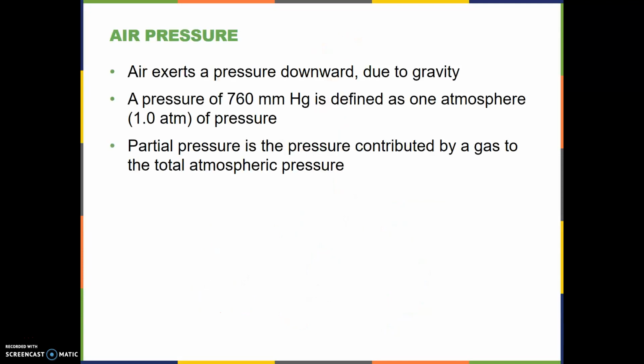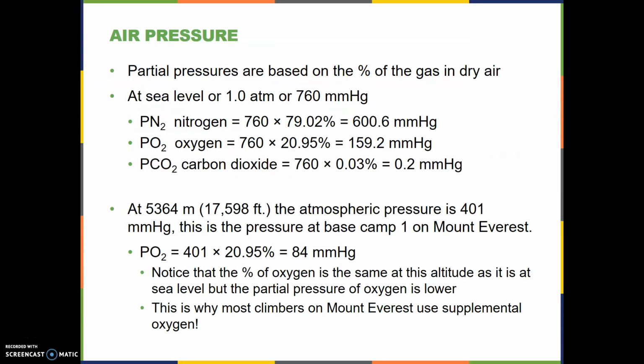Air pressure tends to be measured either in atmospheres or millimeters of mercury. So 760 millimeters of mercury or 1 atmosphere of air pressure are equal to each other. And the partial pressure of a gas is the pressure contributed by that gas to the total atmospheric pressure. So since oxygen is close to 20% of the gases in the air, it's going to exert a partial pressure of around 20% of that 760.